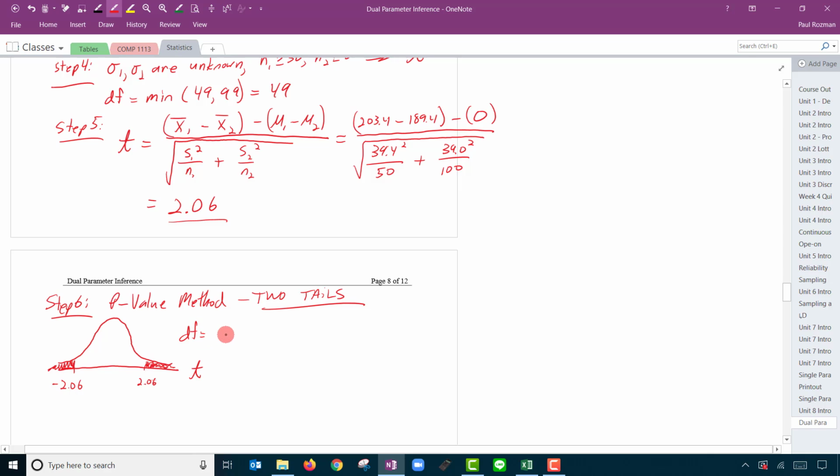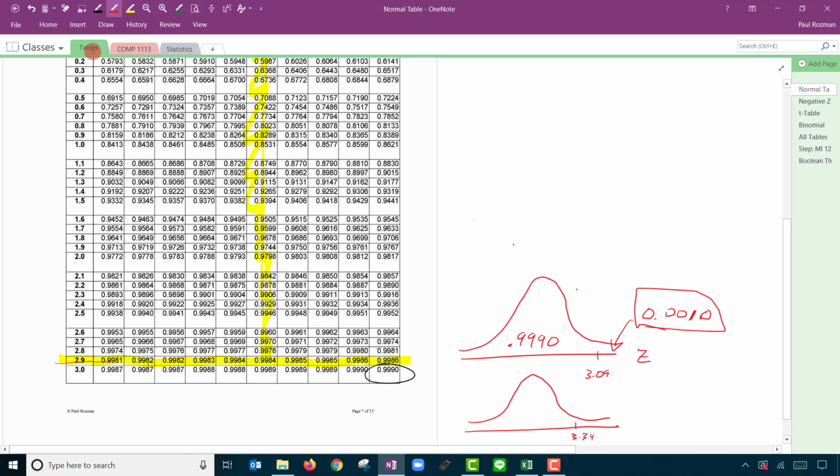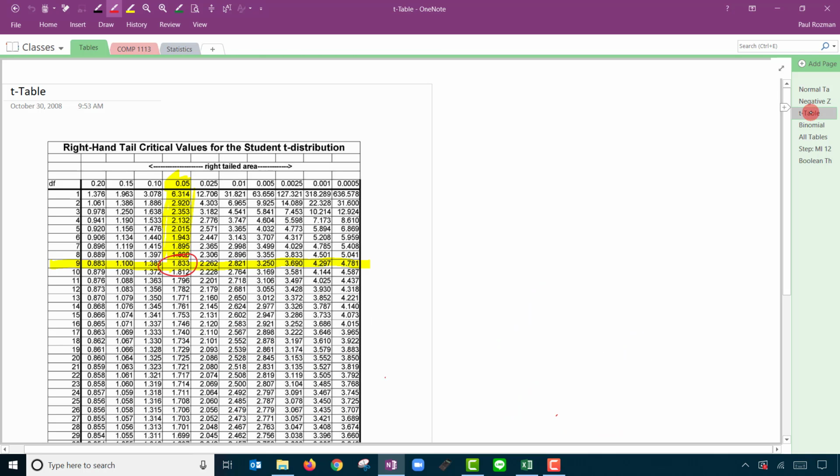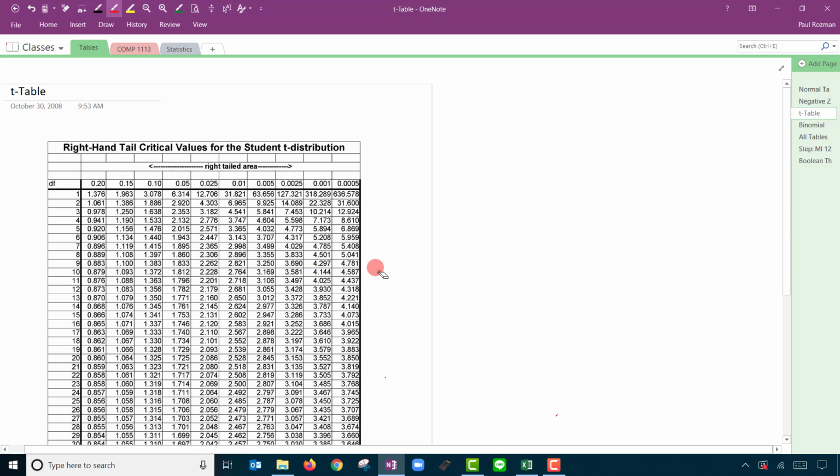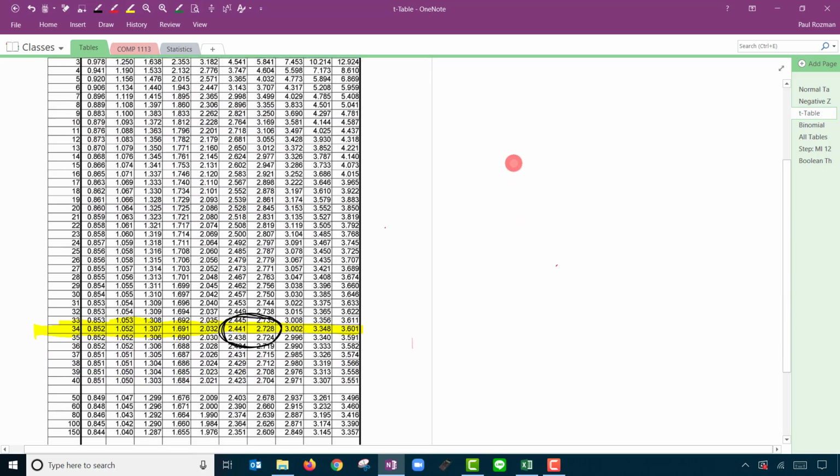The degrees of freedom will be 49 in this case, the smaller of 49 and 99. So row 49 of our positive t-table, looking for 2.06. Let's see if we can find that. Here's our t-table. We're looking in row 49.